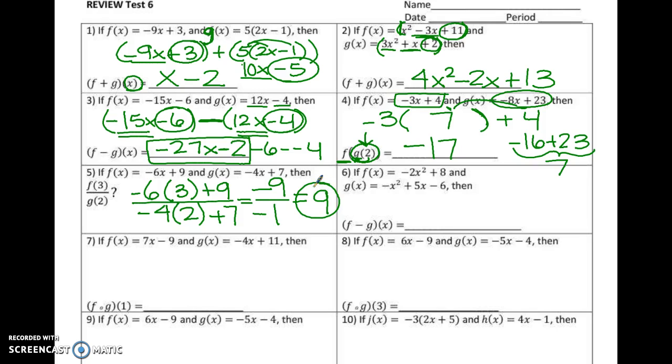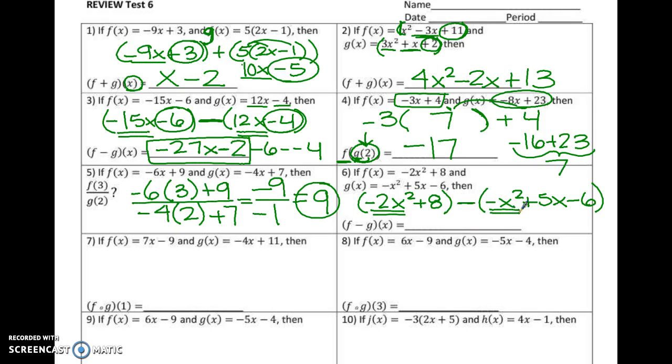Number 6, here again we're just subtracting the two functions. So we're taking function f and subtracting function g. Again, I'm going to just look at this as the term subtract this term.